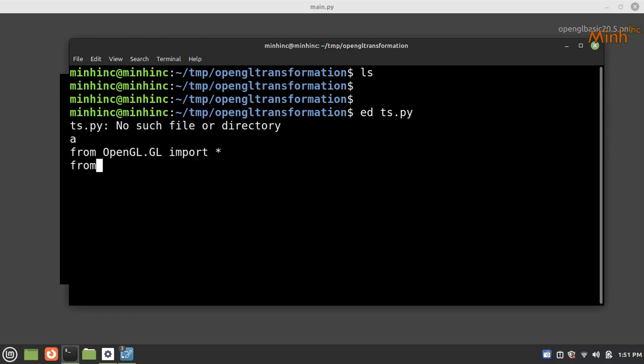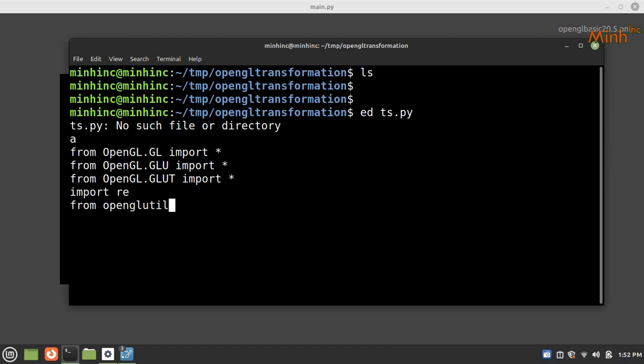Import everything from OpenGL, import everything from OpenGL.GLUT, import everything. Import re. From OpenGL util, so this is a library file we have.